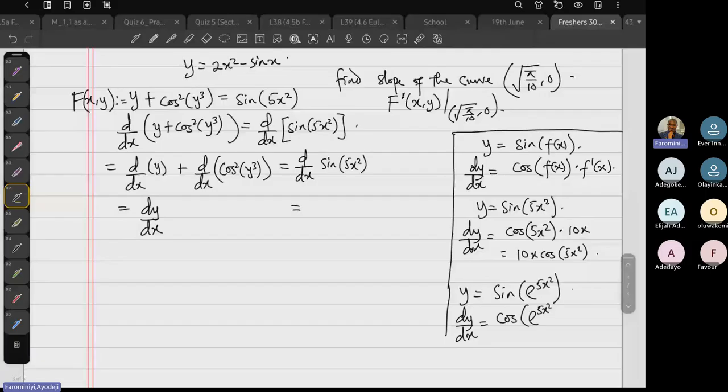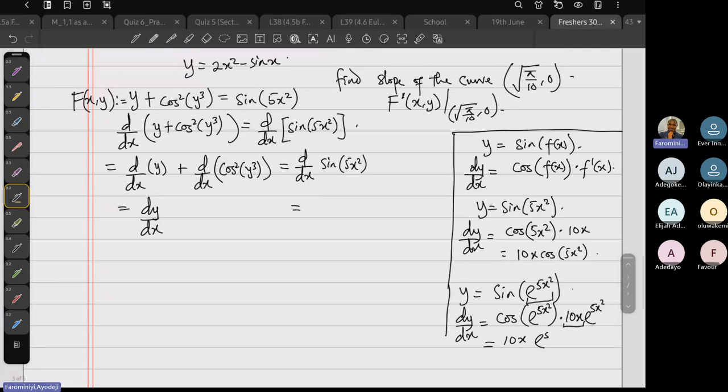The differentiation of e to the power of 5x squared is 10x times e to the power of 5x squared. So that's the differentiation of the second layer. That has already given us the third layer implicitly. So this is equal to 10x e to the power of 5x squared times cosine of e to the power of 5x squared.